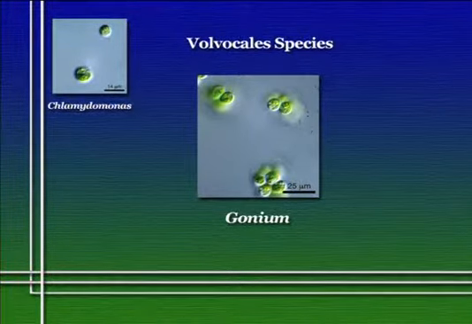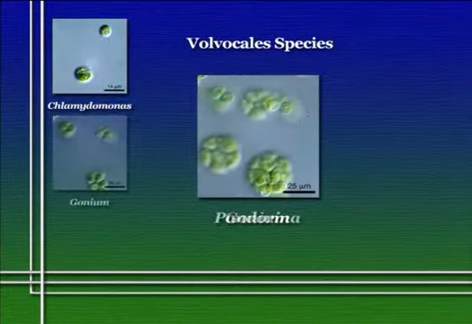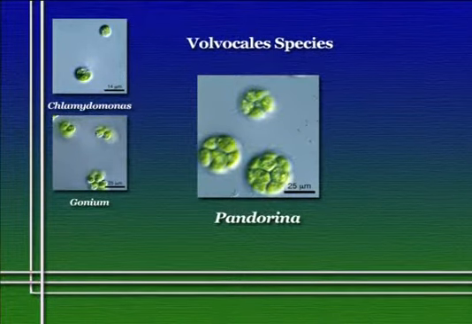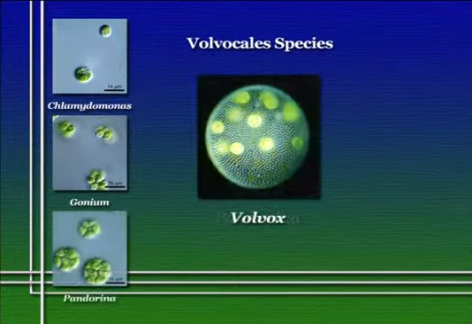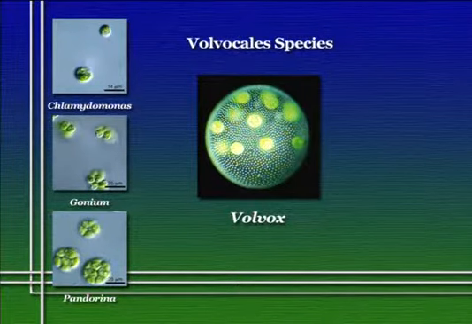Still other parts of this lineage, such as the genus Pandorina, are found in even larger groups as hollow balls of cells. Now, in the most extreme case, in the genus Volvox, which is one of the favorite organisms to be used in high school biology because they're so much fun to look at, this organism is a hollow ball of cells like Pandorina, although much larger.